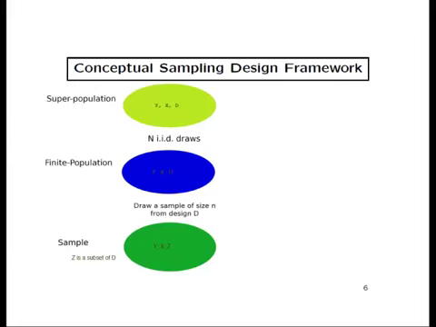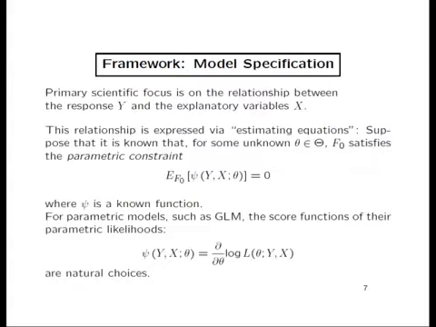Okay, so let me now talk about model specification. Some of this is technical, but it's also quite useful, so I'll go through it. The first question is, as we'll keep in mind, we want to look at the relationship between the response y and some explanatory variables x. One way we follow through is to use a classical estimating equations approach, which you're probably familiar with, but I'll spell it out because I think it helps with the notation.